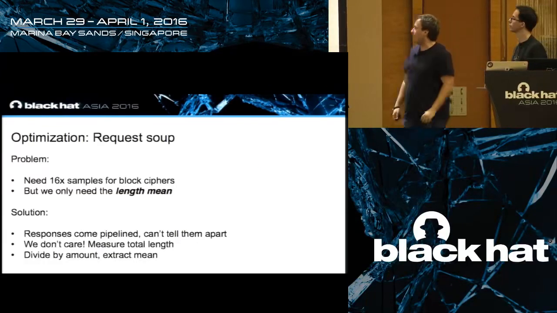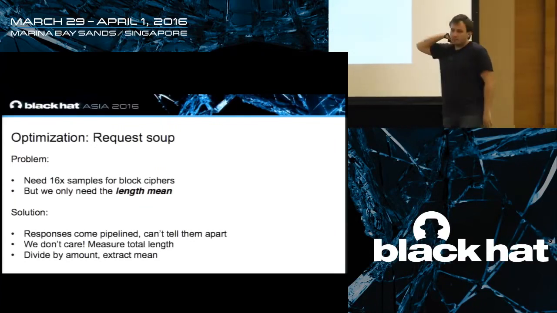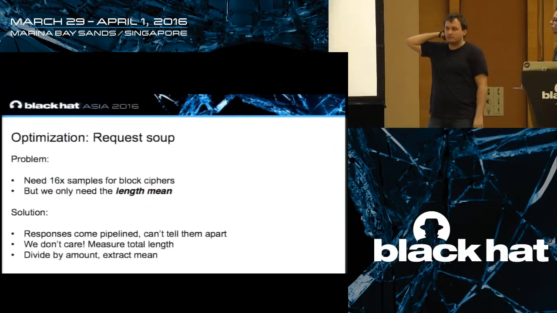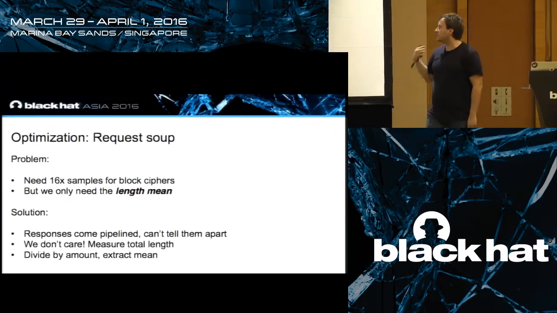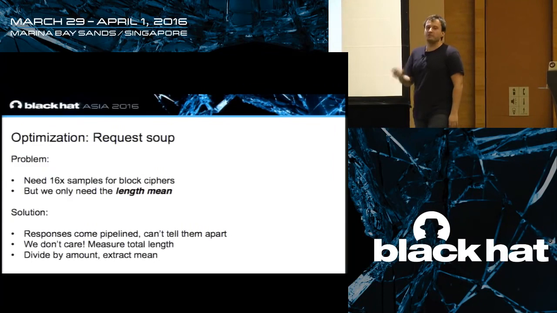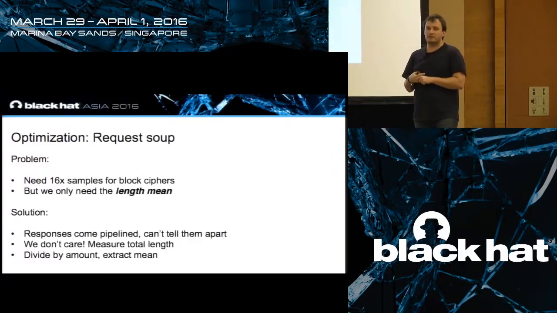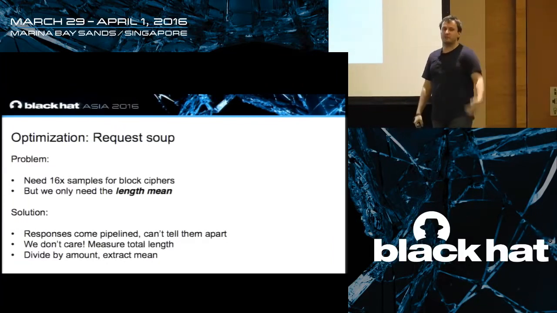Right. The other technique that we use to optimize, we call it request soup. This is an interesting technique. It's actually quite simple. The reason we can do this optimization is because we need to collect multiple samples for the same candidate. So these multiple requests are not adaptive based on each other. They are the exact same candidates, just with different paddings.